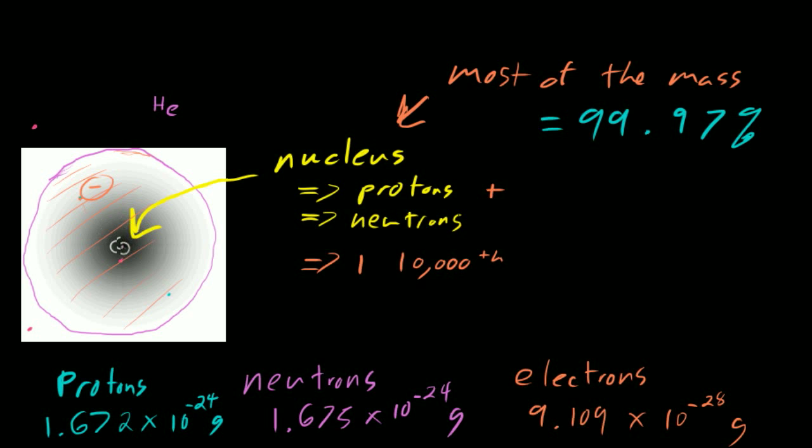But the probability of where they are takes up so much space, and all the mass of the atom is taken up inside of this nucleus, inside this thing that is 1/10,000th of the space of the entire atom. So, that's interesting.